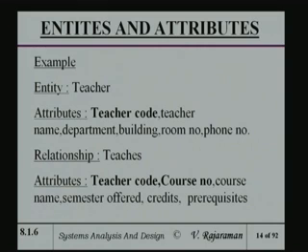Okay, so it depends. The attributes which are important are decided by the application to which you are going to put this entity. If you are going to be sending, say, some letters to the teacher at his residential address, then the residential address becomes an important attribute of teacher.